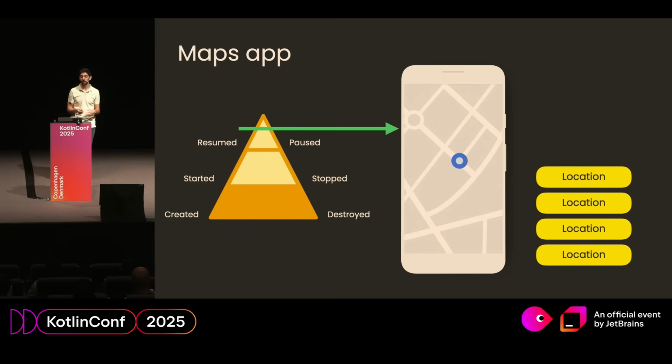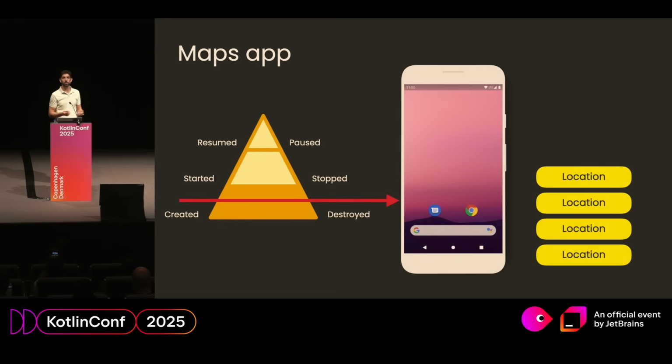But at some point, they might close the app, or maybe they get a phone call or something, and then the application moves to the background. If it's in the background, it's still running. The user didn't fully close the app. And because of the way we were collecting the flow, it's still consuming resources, right?